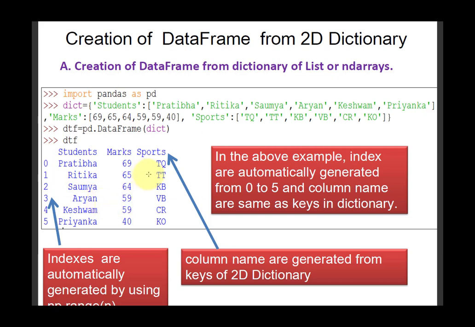And you can see it is a two-dimensional array. This is your column index, students, marks and sports, and this is your row index 0, 1, 2, 3, 4, 5. So I think you all understood how you can create the data frame and how you can execute it.